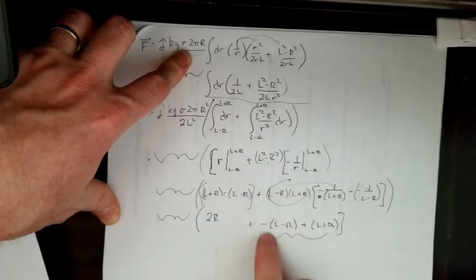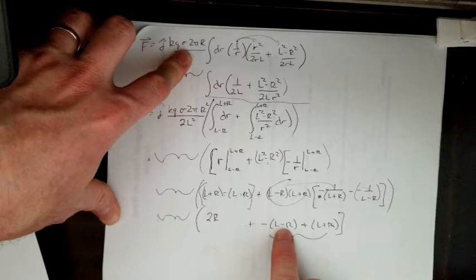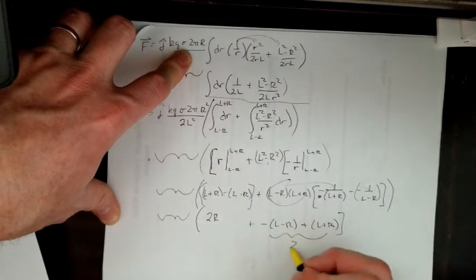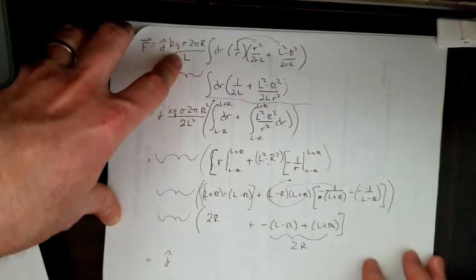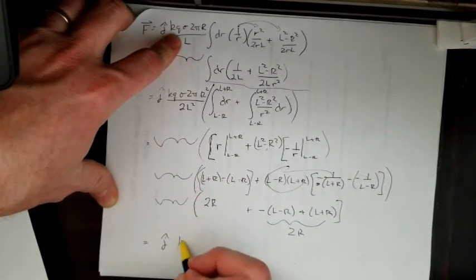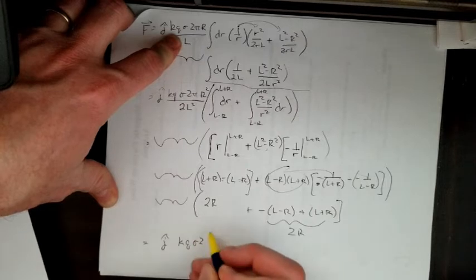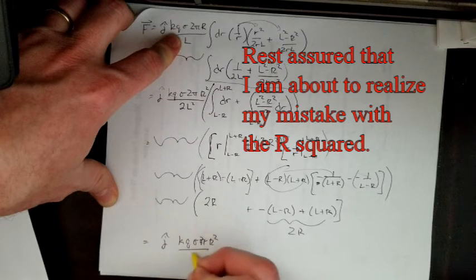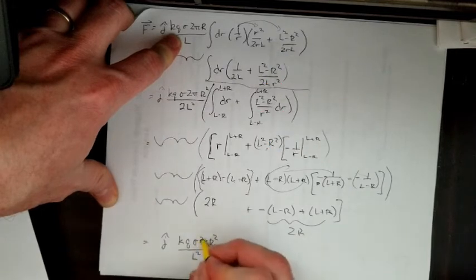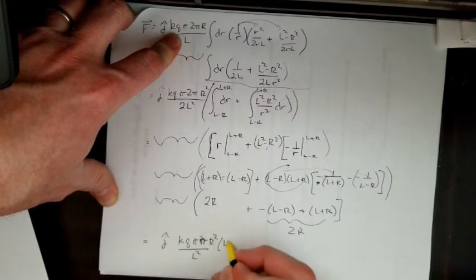This right here, negative L and L cancel, negative negative r's, r plus r is 2r. And so I'm left with J hat K Q sigma, the 2's will cancel out, so we'll just do pi big R squared over L squared times 4r.